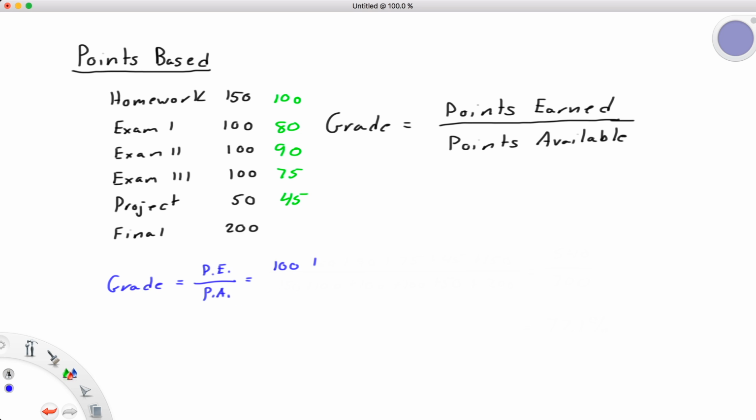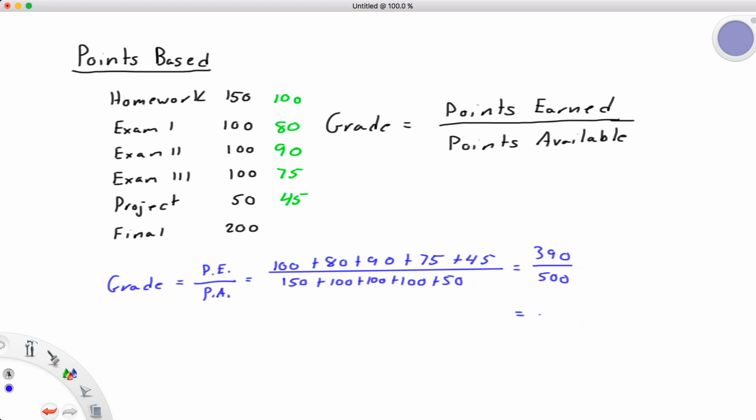In this case, that's 100 plus 80 plus 90 plus 75 plus 45, and divide that by the points available, which in this case is 150 plus 100 plus 100 plus 50, but now we just don't include the 200 because we haven't taken the final yet. And so when we add these up, we have 500 total points available, and we've earned a total of 390. And when we do this division, we'll see that we get 0.78 or 78%.